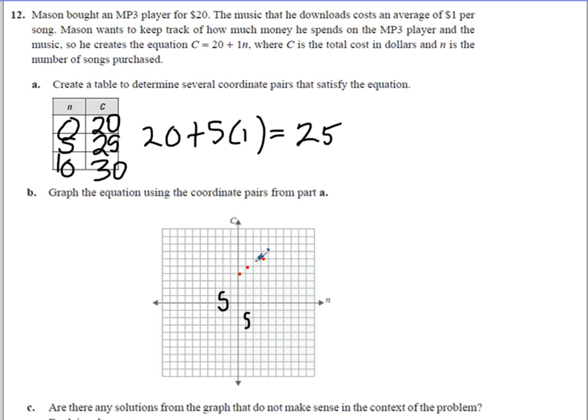Oops, that'll be here. I went over too far. Fix that. So 5, 10, up to $30. There we go. Draw our line. And add arrows.